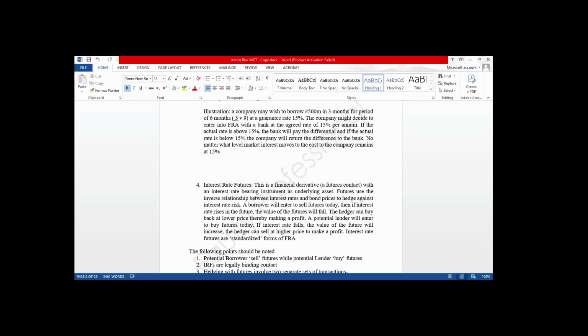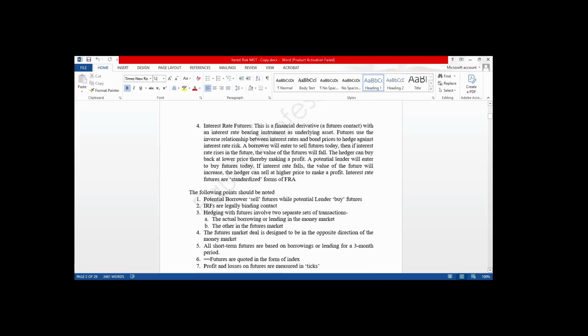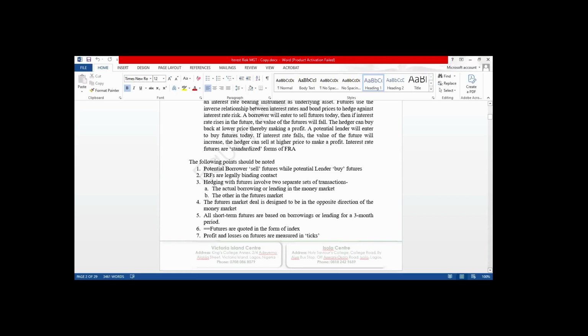Futures contracts can be used to hedge against fluctuation in interest rates, by using the inverse relationship between interest rates and bond value.